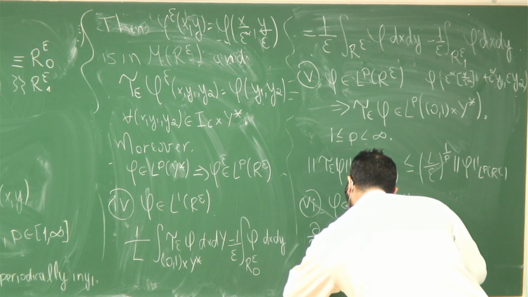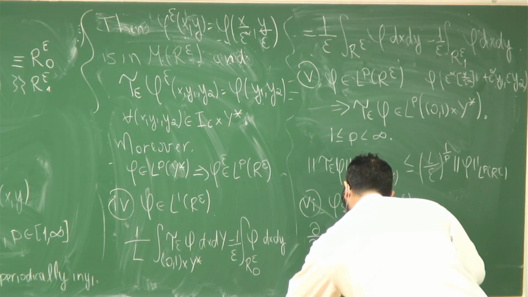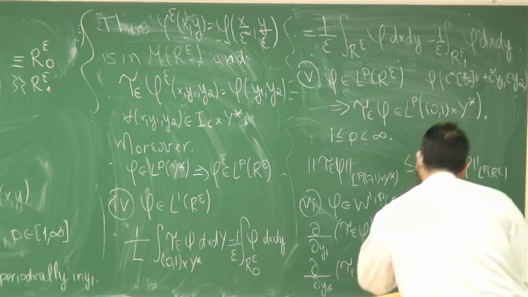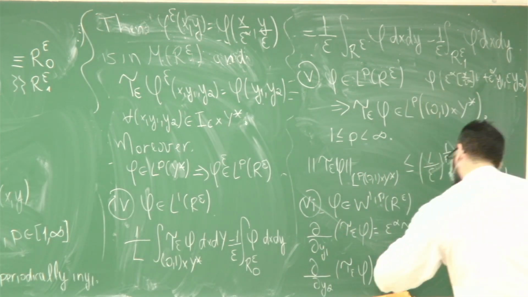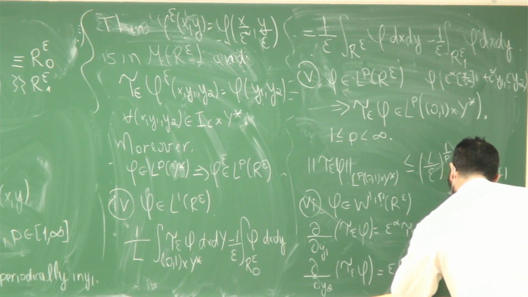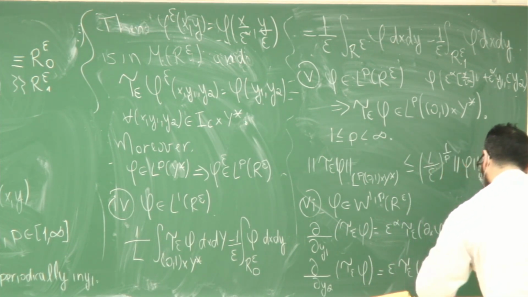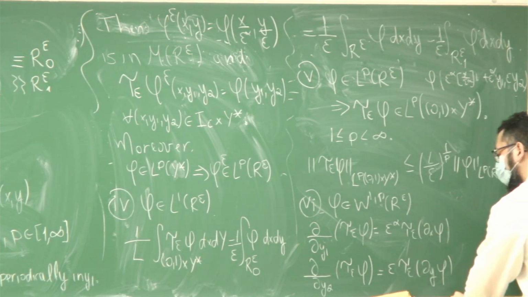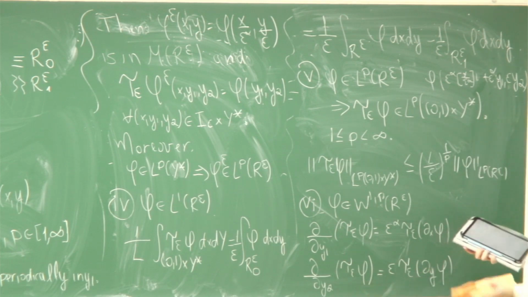For the second, just the epsilon goes out. Basically these are the main properties of the unfolding.